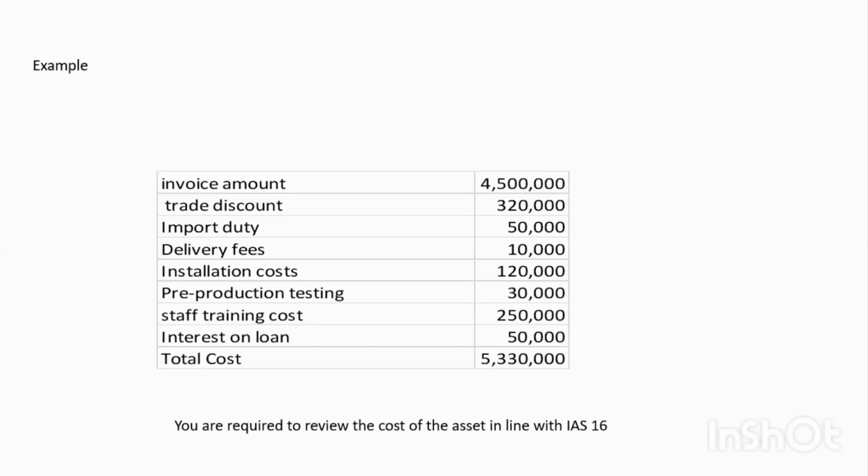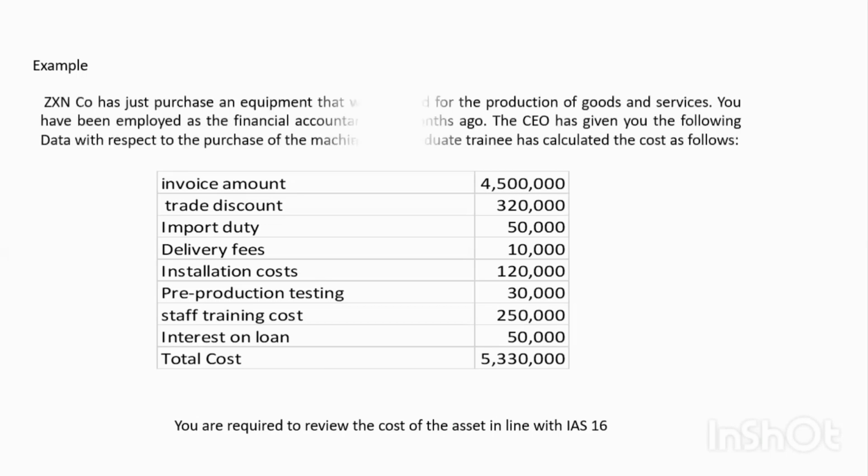So let's look at this example. ZNX Co just purchased an equipment that will be used for the production of goods and services. You have been employed as the financial accountant a few months ago. The CEO has given you the following data with respect to the purchase of the machine.